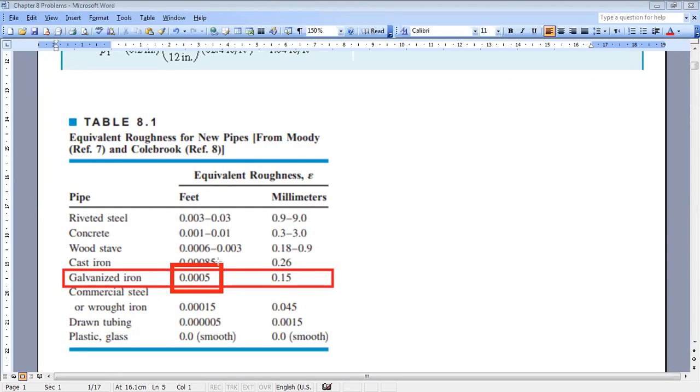So I now know epsilon and the diameter is given, so I can calculate in my problem what epsilon over d is. So at least I know the first parameter. Epsilon over d is equal to 0.0005 over the diameter, which I think is given as, let me check.